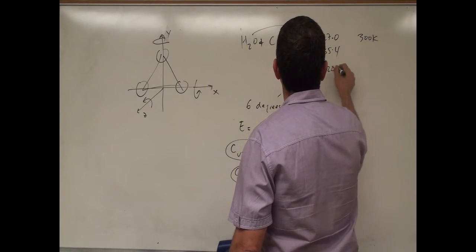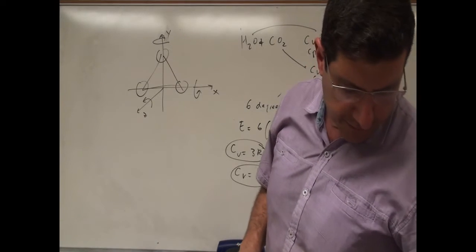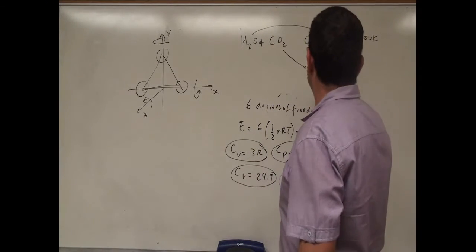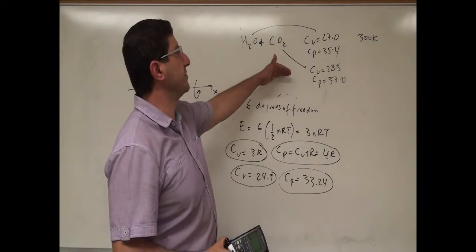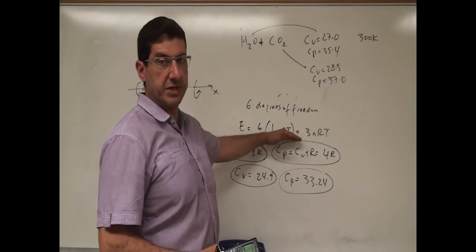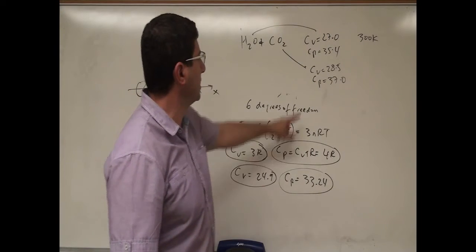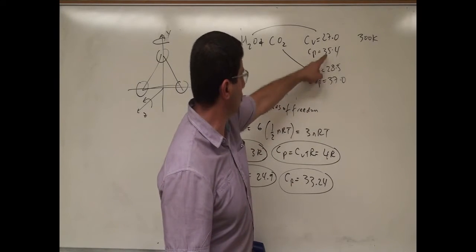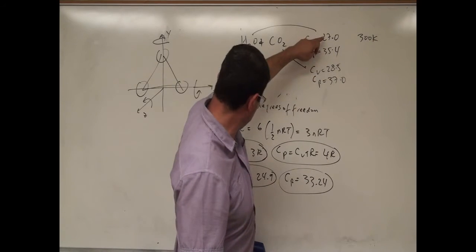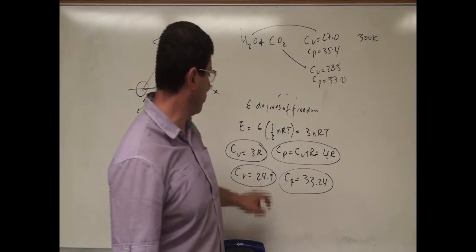And then the Cp is equal to 37.0, right? So you can see here that there's quite a bit of departure from the simplistic view that we are taking here, the 6 degrees of freedom, 24.9. This is larger than that, and then the Cp is also larger than that. So the 27.0 is slightly larger than that, and the 28.5 is even larger than that.